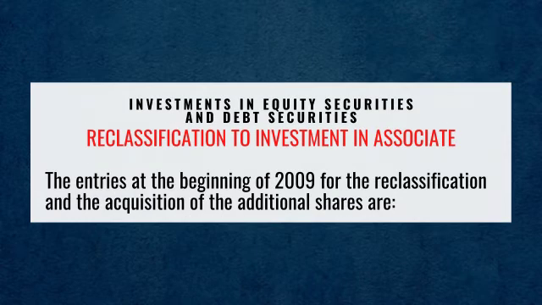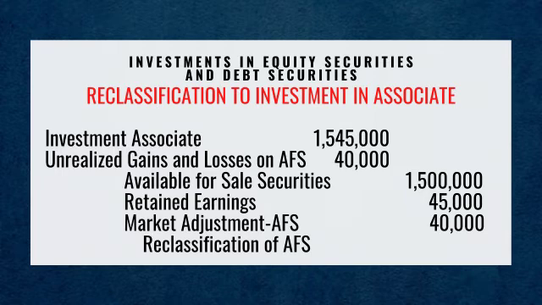The entries at the beginning of 2009 for the reclassification and the acquisition of the additional shares are: debit investment in associate, 1,545,000 pesos, debit unrealized gains and losses on available for sale securities, 40,000 pesos, credit available for sale securities, 1,500,000 pesos, credit retained earnings, 45,000 pesos, credit market adjustment, available for sale securities, 40,000 pesos, reclassification of available for sale securities.